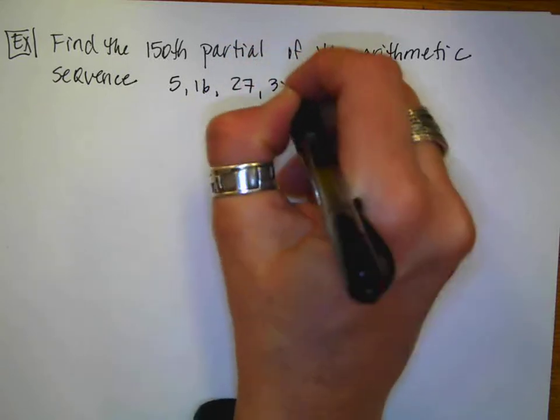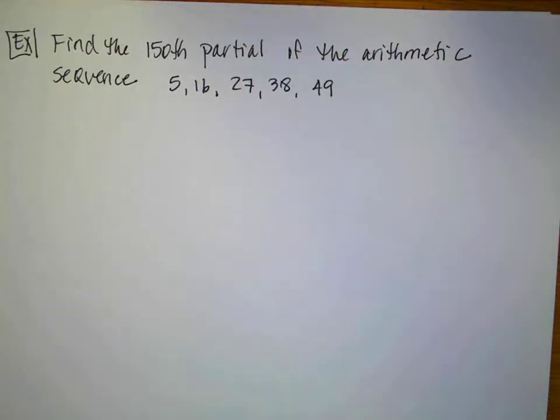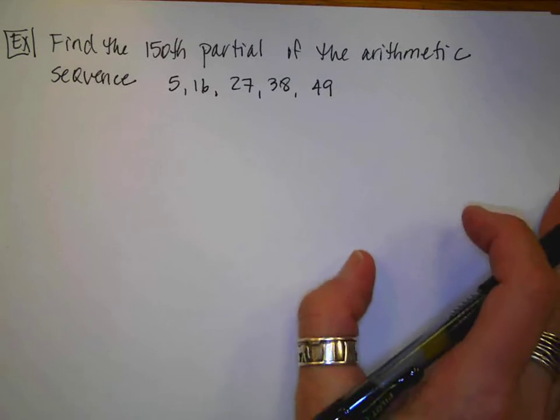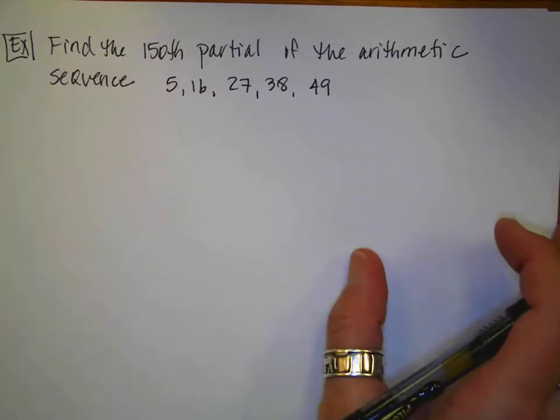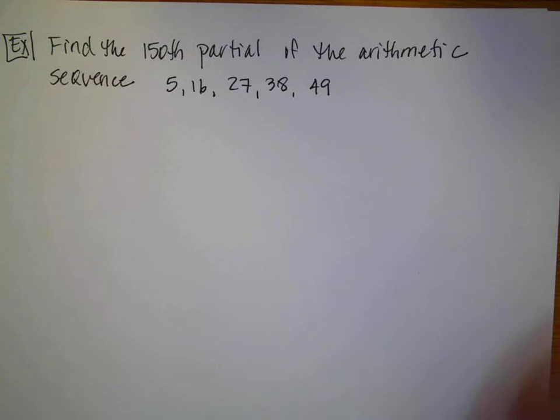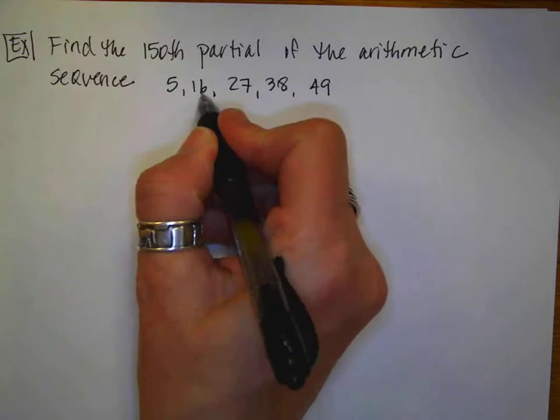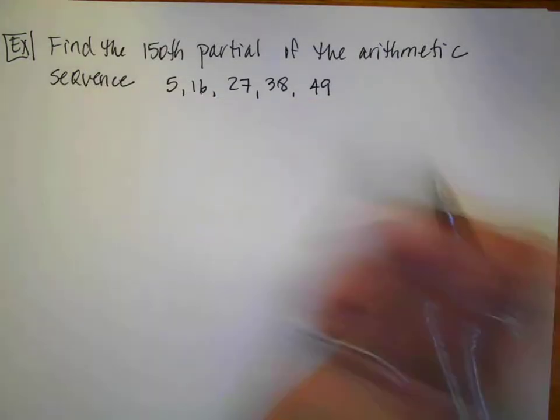Lots of definitions today. And I'm going to have 5, 16, 27, 38, 49. Alrighty? So instead of trying to generate that 150th term by hand, we're going to write a rule.